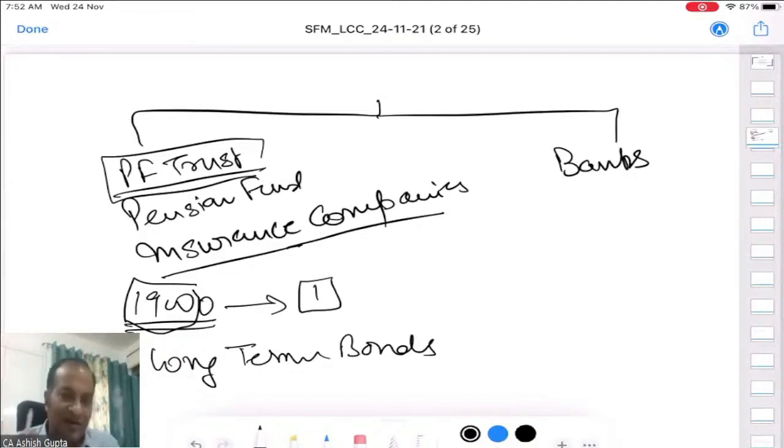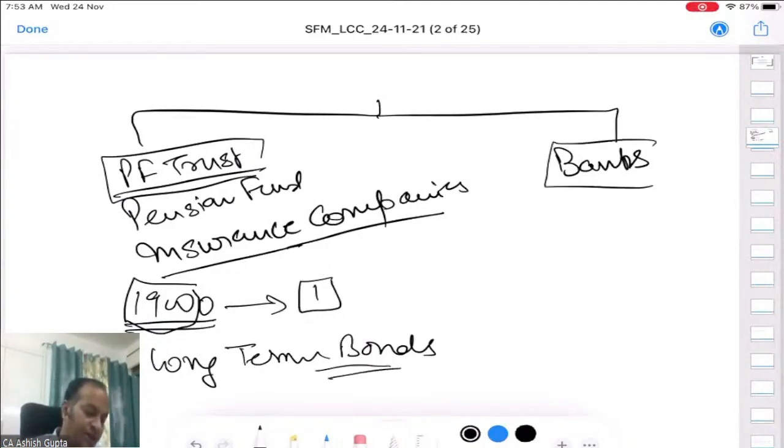These are determined, and normally these are for the long term. Suppose a person who has joined at the age of say 22, if he does proper service, will be likely to be superannuated after 38 years. So of course they will start investing on that basis, and accordingly they go for long-term bonds.